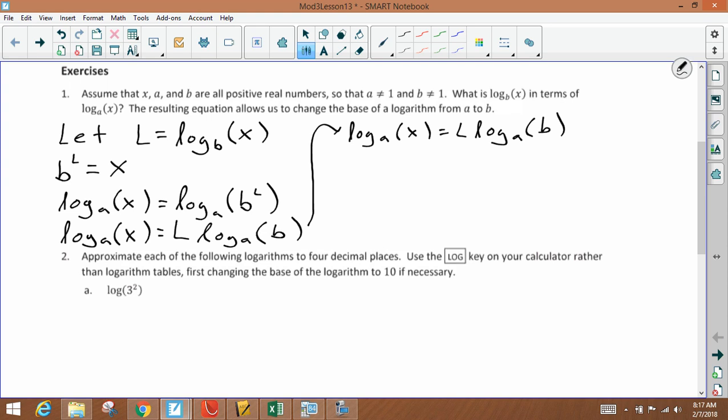Now I'm going to get L by itself. I'm going to isolate the variable L by dividing both sides by log base a of b. Log base a of x divided by log base a of b is equal to L. What is L?